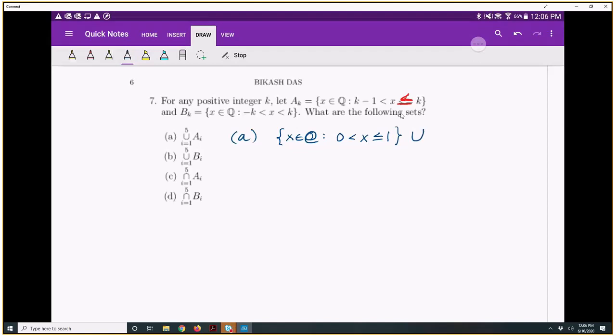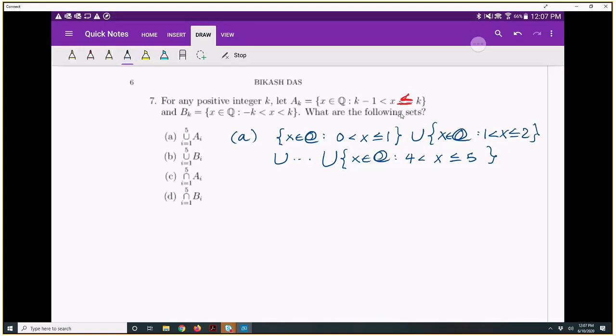Then union, A sub 2, that will be x in the set of rational numbers such that 1 is less than x is less than or equal to 2. And so on. We'll have A sub 3 and A sub 4. I'm just going to put dot dot dot, union, and then the terminal index is A sub 5, so that's x in the set of rational numbers such that 4 is strictly less than x is less than or equal to 5. So this is the union that we want to find.